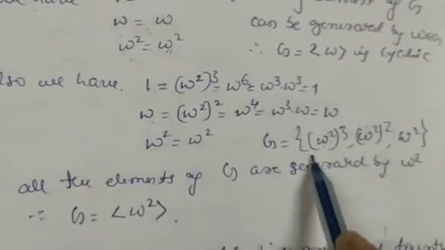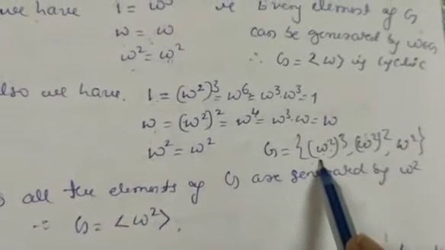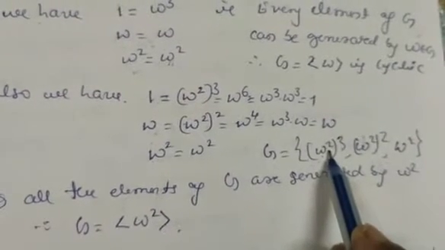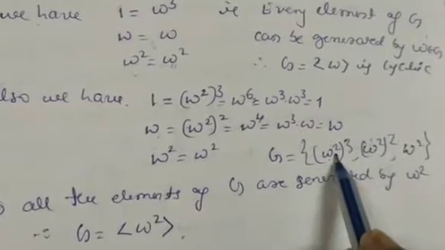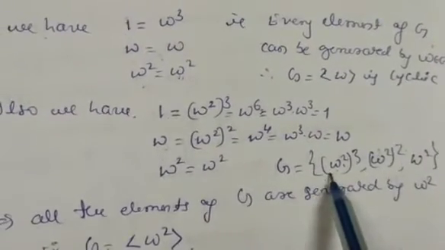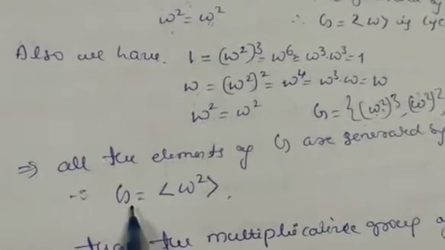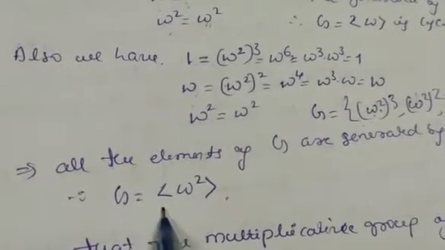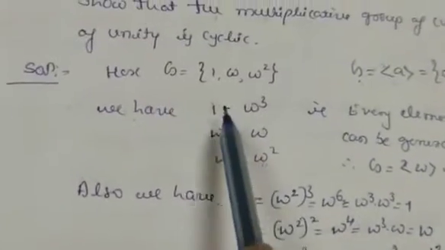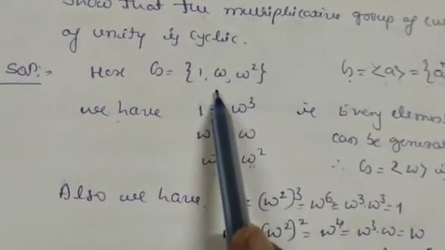All the elements of G are generated by omega square. Therefore G is a cyclic group generated by omega square. So G has two generators: one is omega and another is omega square.